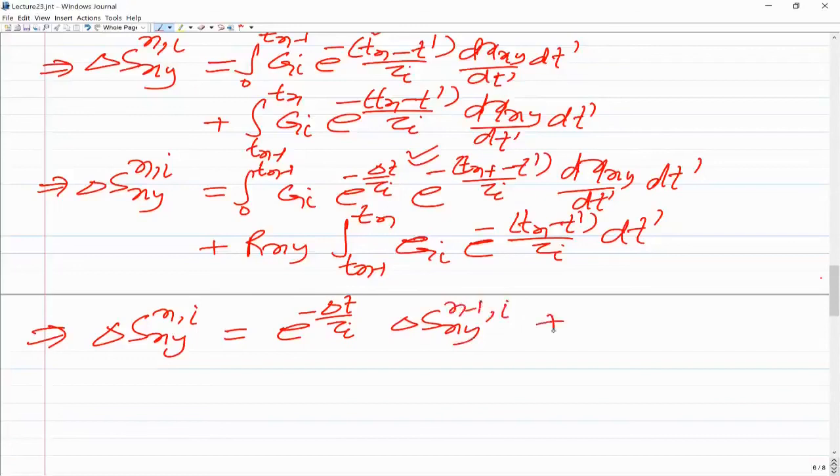And for the other term, if you do the integration, gi you can take out of the integration sign and integrate from tn minus 1 to tn.